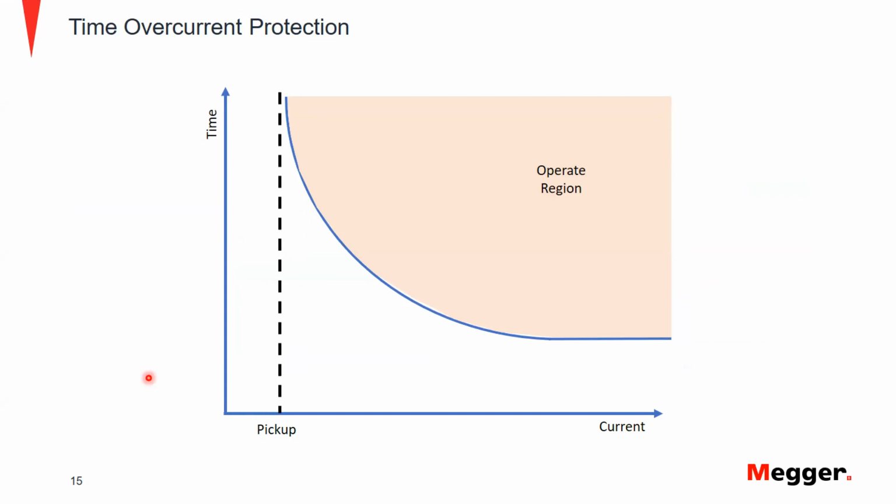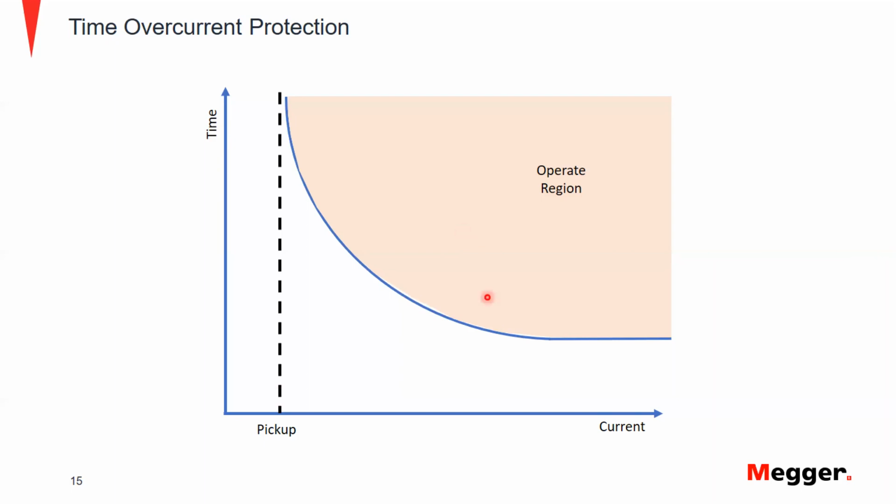So with the inverse time region, I'm going to show you a little bit. You would have the time overcurrent reference, and we would have some pickup value, right? We also have this operate region.